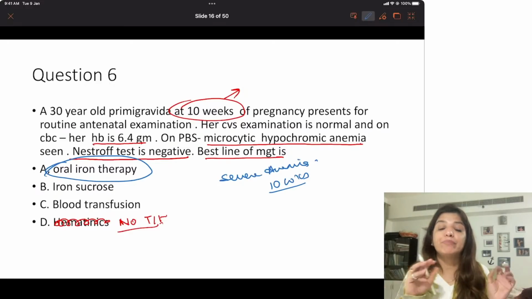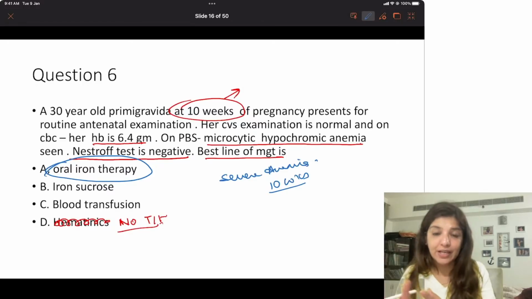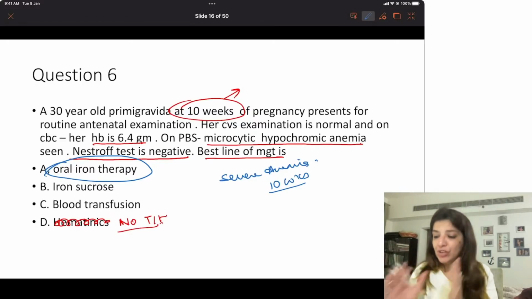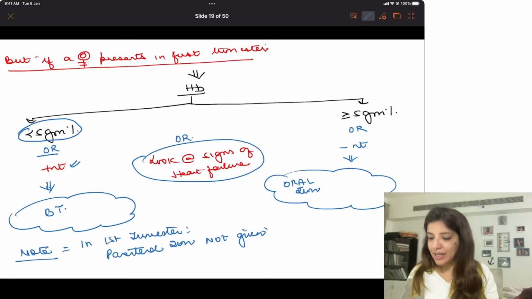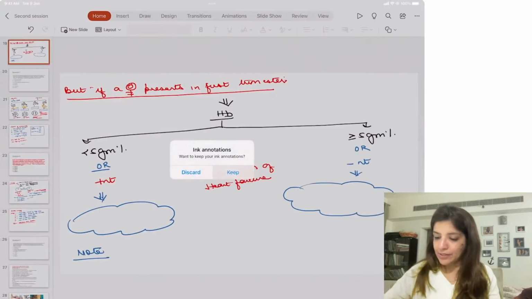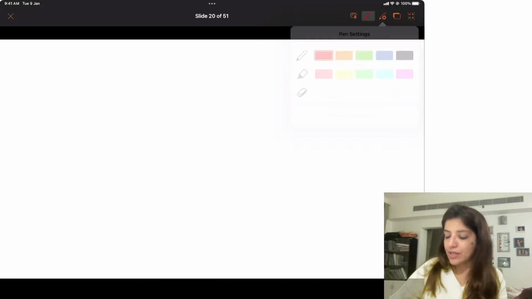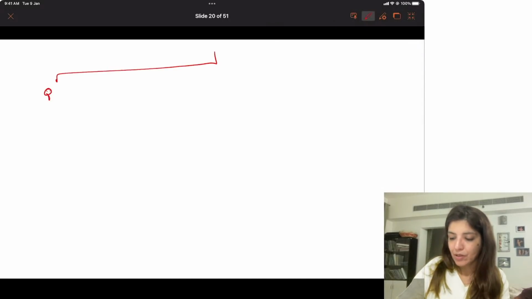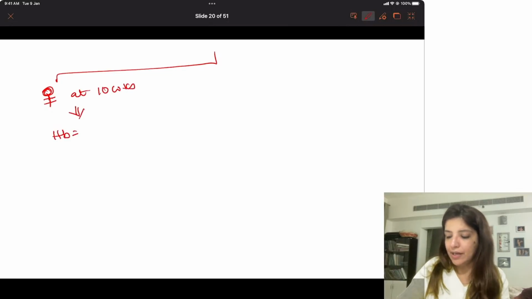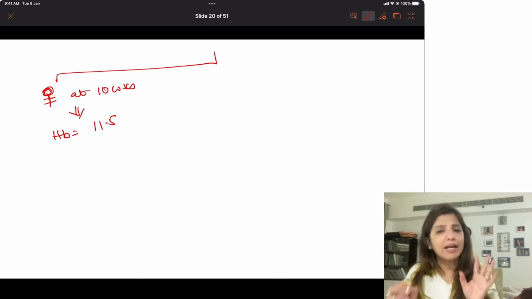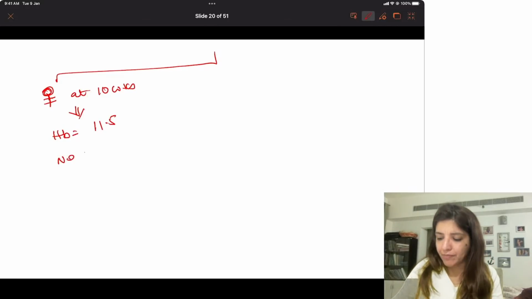That is the prophylactic one that we see. Please understand, you have two cases. Suppose there is a pregnant female, and at 10 weeks her hemoglobin is 11.5, right? That means she has no anemia.